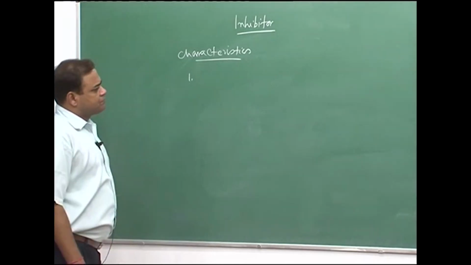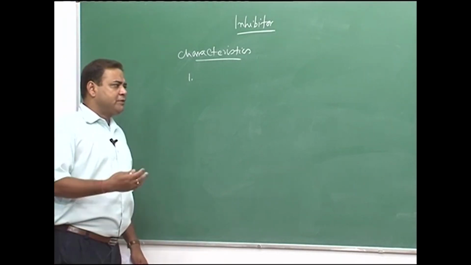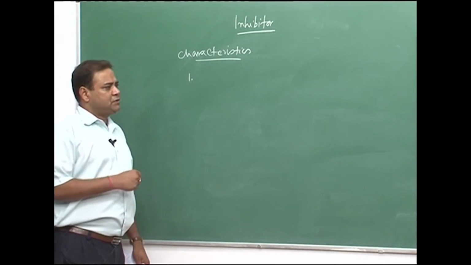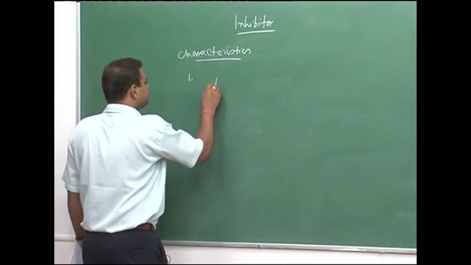Characteristics: one, in most situations, if we think of having an inhibitor in the system, the choice of the inhibitor is done through a trial and error method.